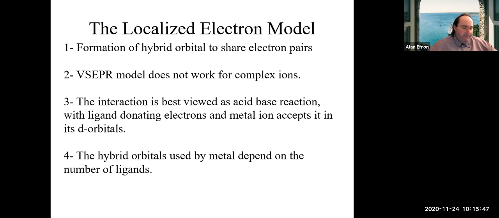This is going to happen in most cases with our complex ions with our d electrons, because a lot of them are transition metals, and the d block is the part of the periodic table where we have transition metals. So it's really those d electrons from the metal that are involved in the bonding that occurs.